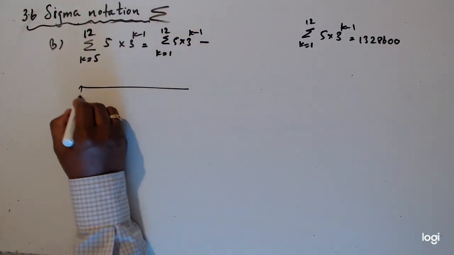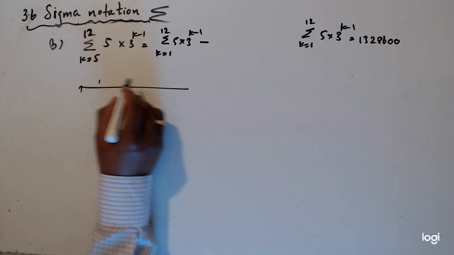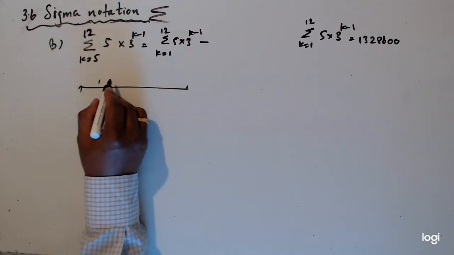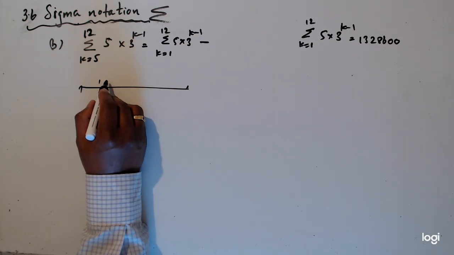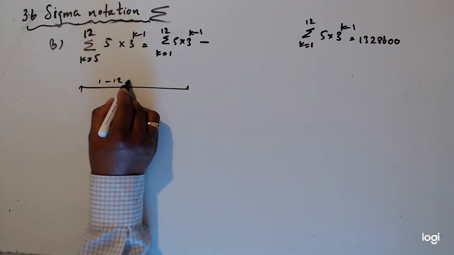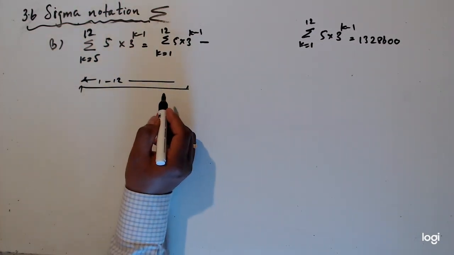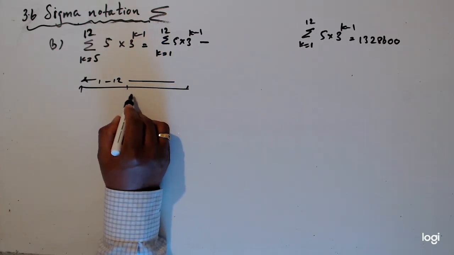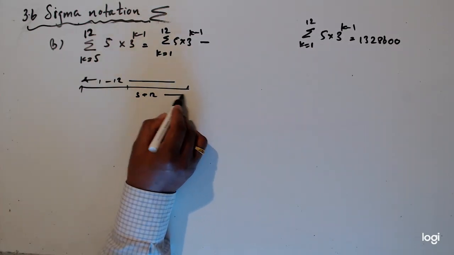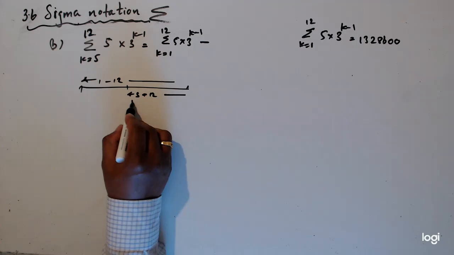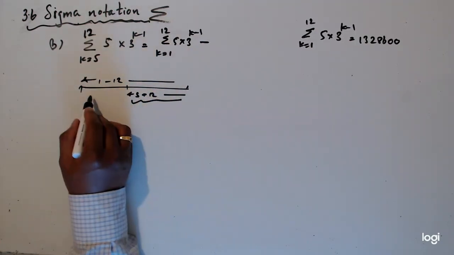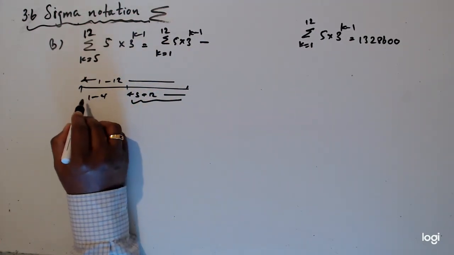So basically 1 to 12, this is 1 to 12, and we want to find 5 to 12. So 5 to 12 means 1 to 12 minus 1 to 4.